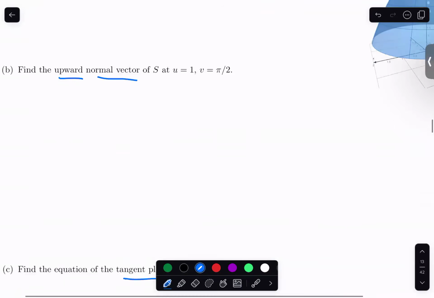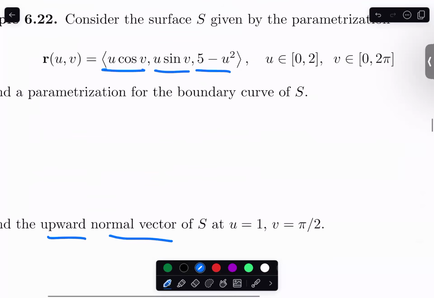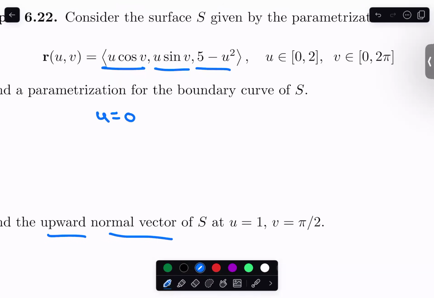Like I said, we'll need to be able to talk about boundary curves, so I also want to figure out what the boundary curve is for this thing. Just like in the torus in the pre-class video, you're going to get curves on our surface when you plug in specific values for your parameters, in this case for U and for V. So for instance, if I plug in U equals 0, then my only stuff left over would be V's.